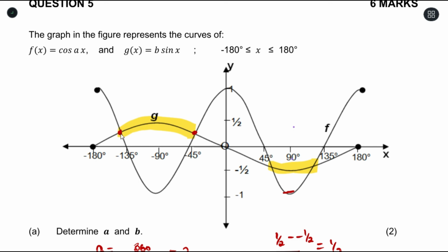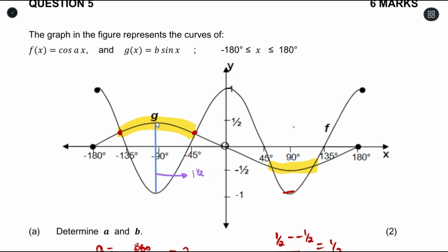Now the distance between them at the point of intersection is obviously 0, right? Because they meet at that point. There's no difference between g and f(x). And now if you look at the highest point, from this highest point of g to the lowest point of f, we can say that the difference here would be 1 over 2.